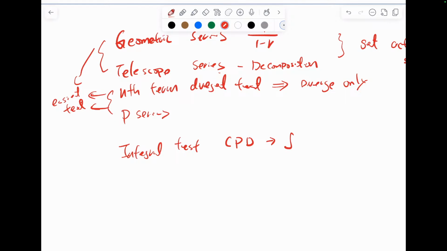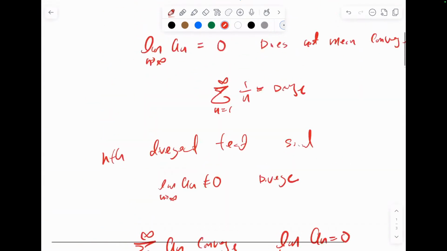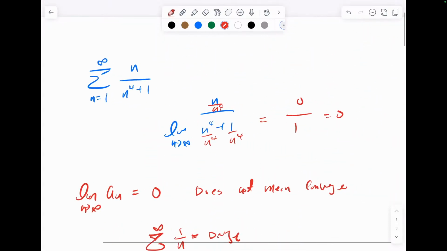So I'm going to give you a hypothetical question. I want you to think about it. For example, for this question, I think some people got pi over 8 or pi over 4, right? Pi over 4?